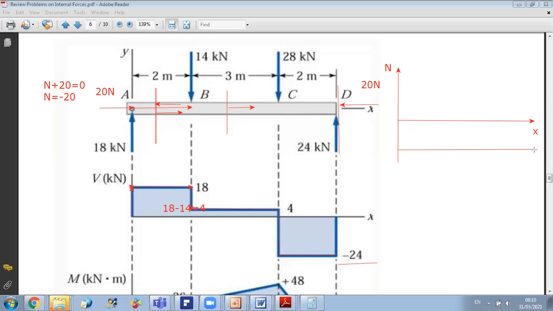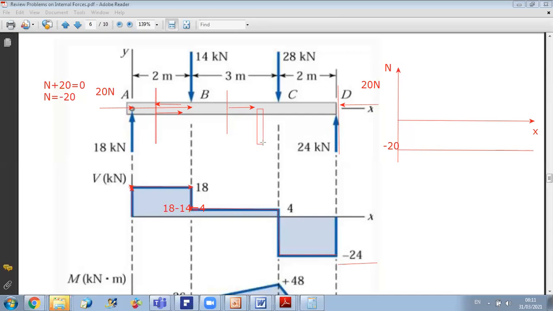So a horizontal force will affect the value of the normal force, not of the shear force. Now, sometimes it can affect the bending moment. In case, for example, I have it like this. Let's say you have an extension for the beam, like this, and you are applying a normal force here.